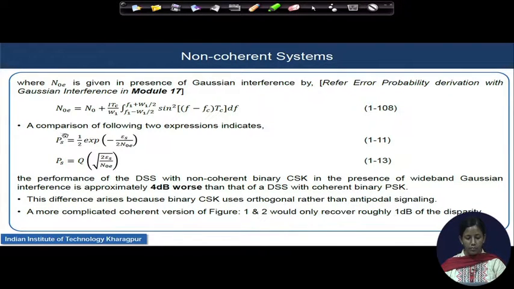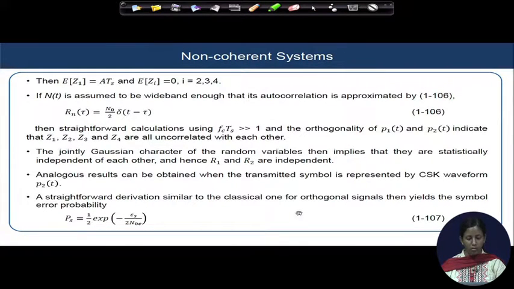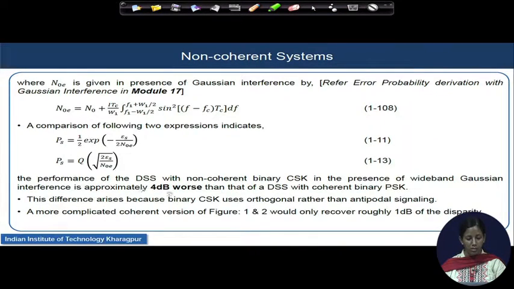Now compare these two expressions. One is the traditional non-coherent communication system, and the other is the coherent communication system.